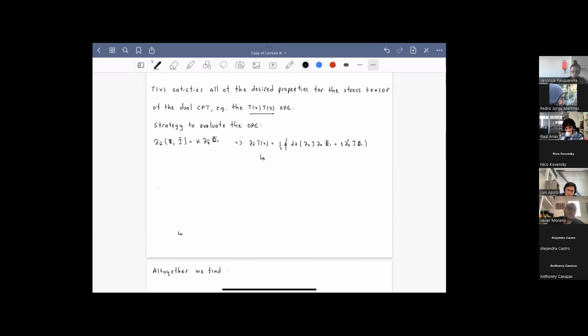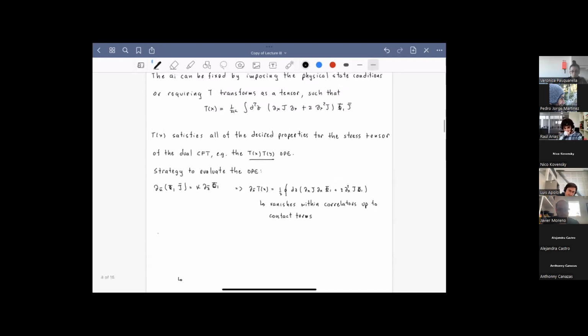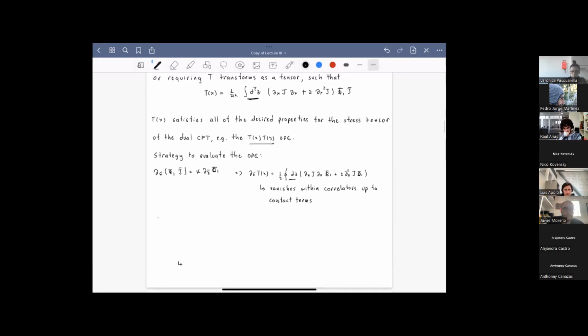Okay, so this means that if I act with the derivative with respect to x bar on T, I get this expression on the right-hand side. This thing is not zero, as you might expect, but it turns out to be zero when you insert it in correlation functions up to some contact terms. And the important thing to notice about this expression is that unlike the stress energy tensor that appears up here, where we integrate over both sets of worldsheet coordinates, here we just have a contour integral.